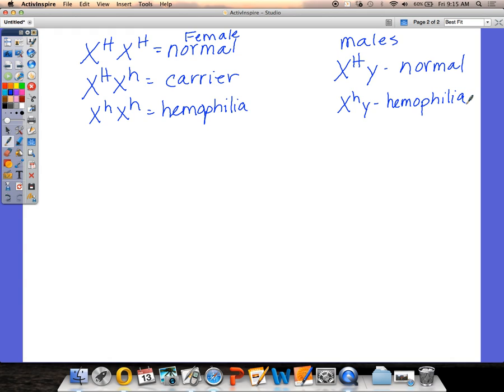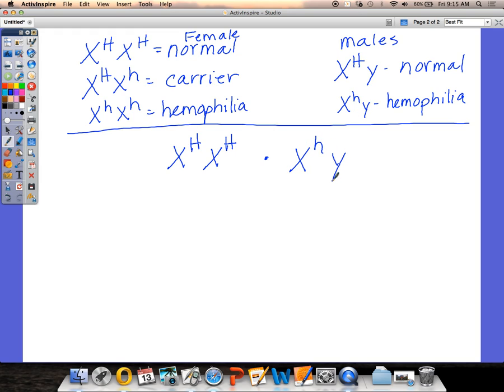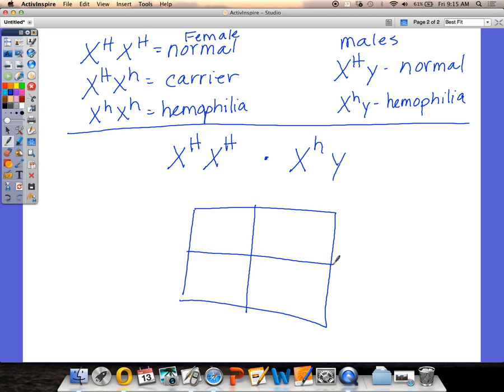So let's say we want to do a female that is normal. She does not have the gene, and we're going to cross that with a male who has hemophilia. So we're going to set up our Punnett square just like we have. We've got X capital H, X capital H, and on the side, X little h, Y. So this time we're going to fill in our boxes.